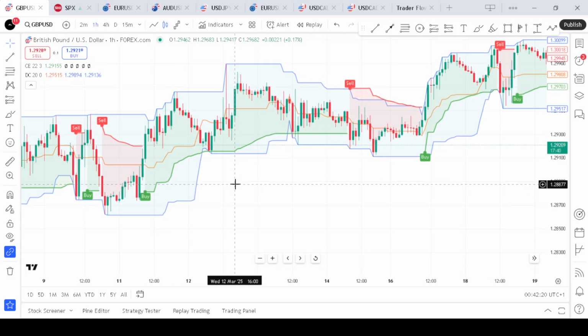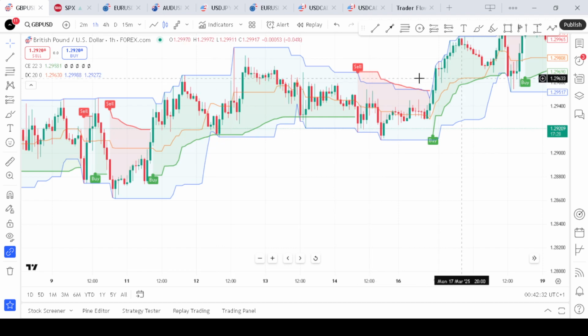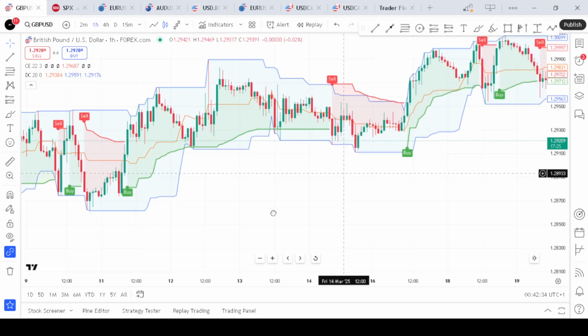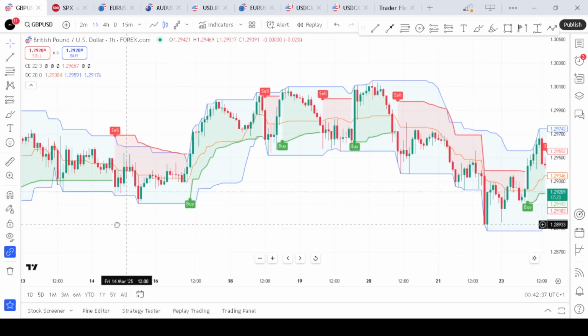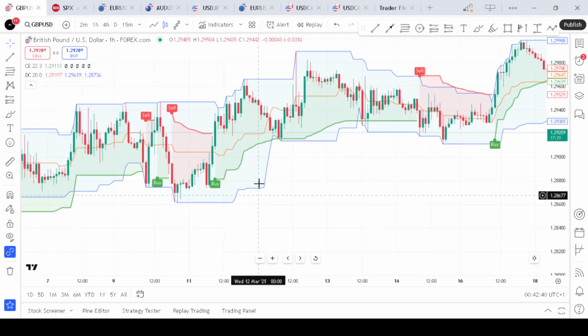Now, simultaneously, you wait for price action to break above the upper band of the Donchian channel to confirm bullish momentum. So once price breaks above the upper band of the Donchian channel, it signals your bullish trend.